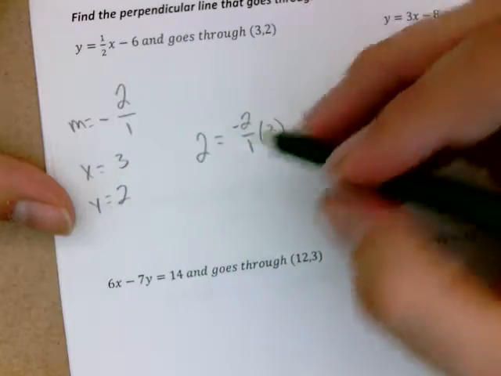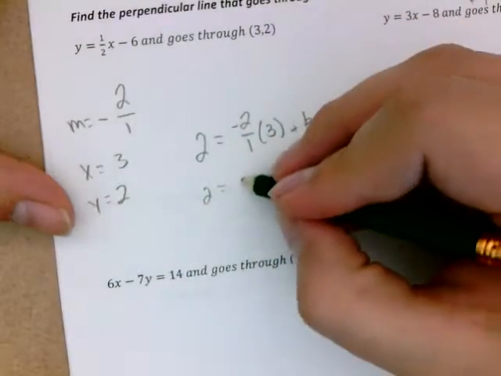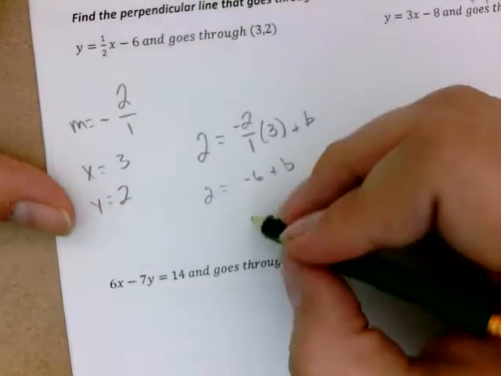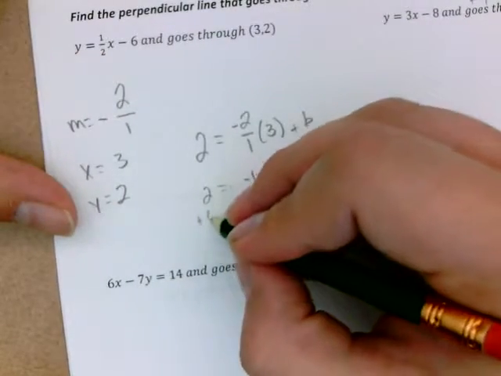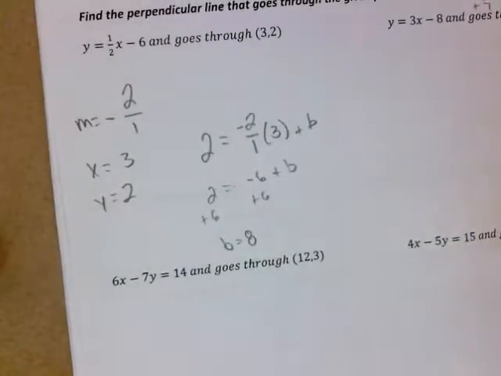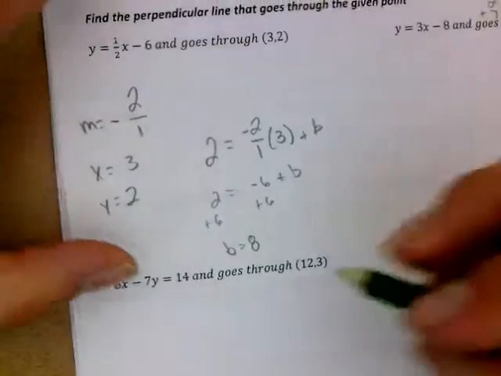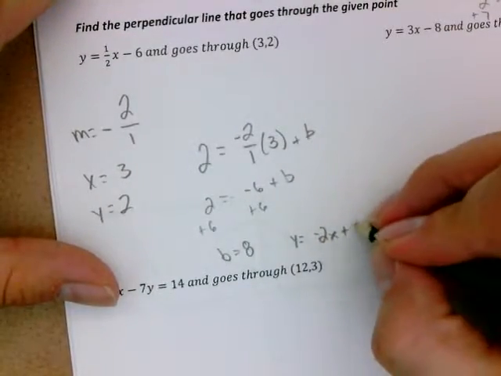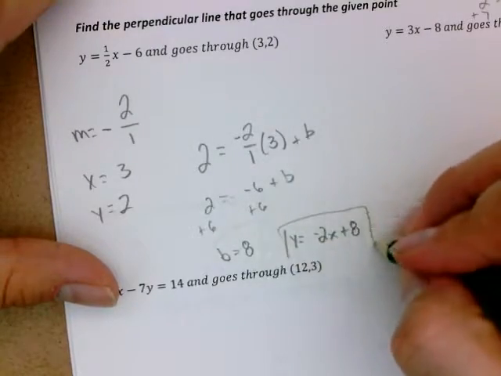When you multiply these, it becomes 2 equals negative 6 plus b. You would add 6, b equals 8. M is negative 2, b is 8, y equals negative 2x plus 8. That is the perpendicular line.